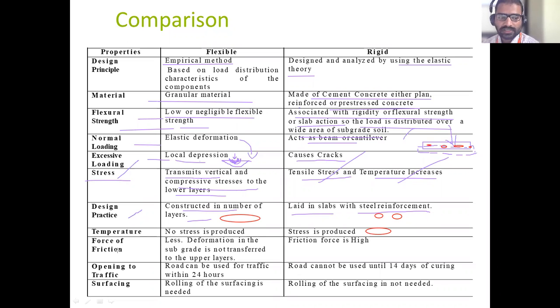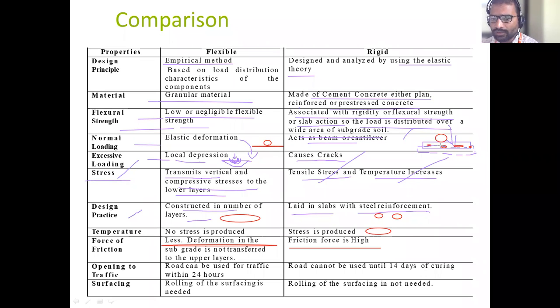Next, force of friction. Here the frictional force is very less, because there are granular materials. Deformation in the subgrade soil is not transferred to the upper layers. Here frictional force is very high, because there is concrete and there is steel and all. See, when there is a movement, if there is a road surface and a wheel, and if there is only flexible pavement, how is the contact surface?